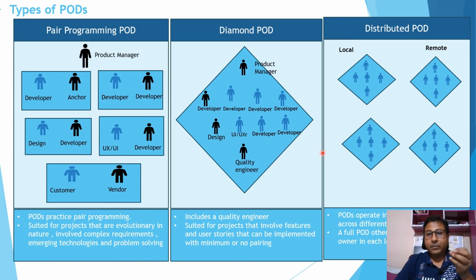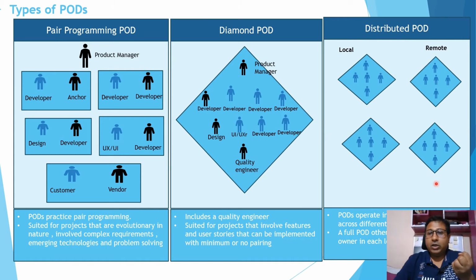For that, specific quality engineer roles are implemented in this particular pod, who will be responsible for different kinds of testing automation and different kinds of quality checks to ensure a best-in-class quality product, where the product is feature heavy, but the implementation does not need a pair programming kind of structure. So for such projects, we can go for the diamond pod.